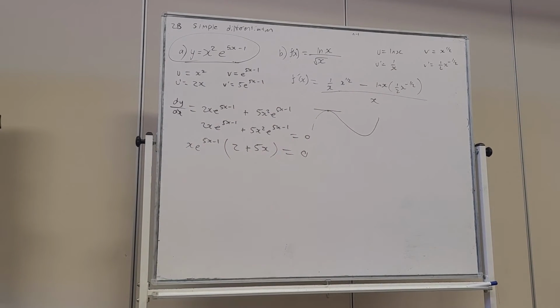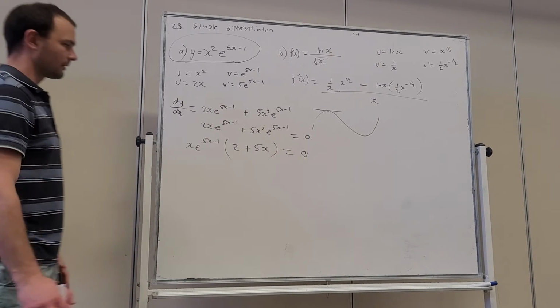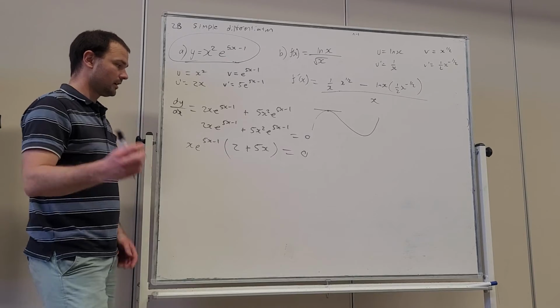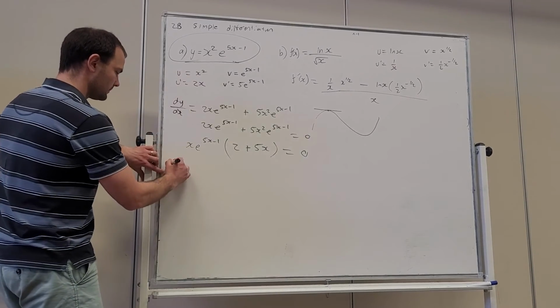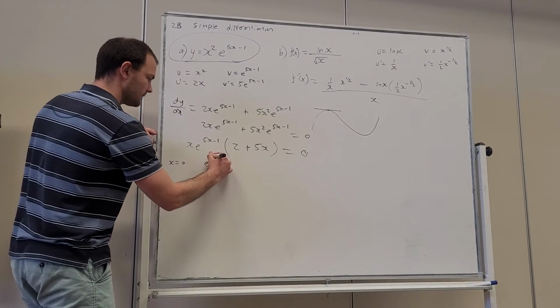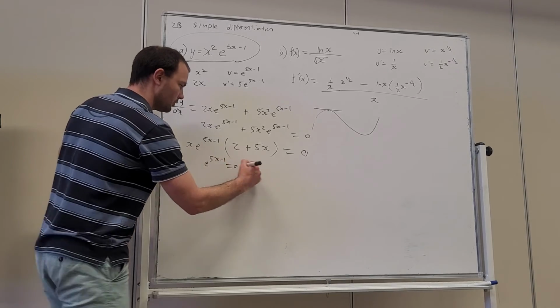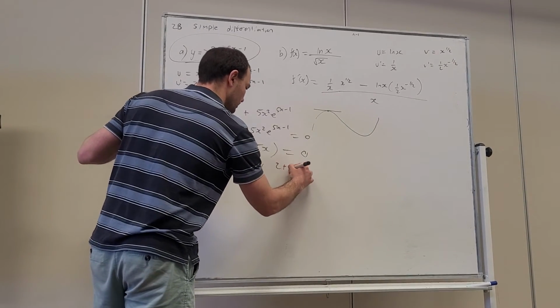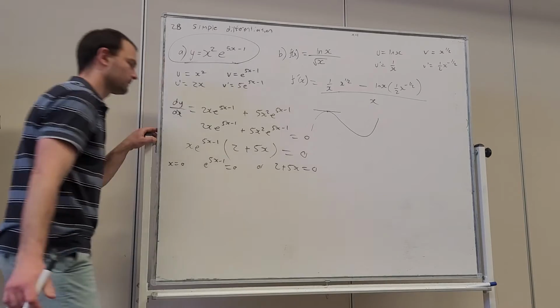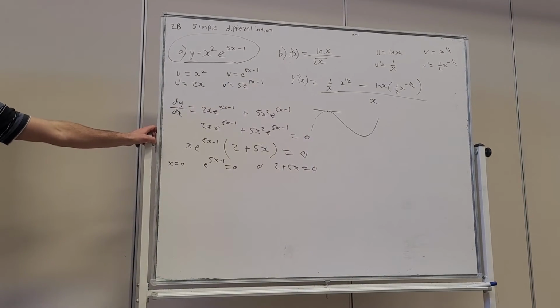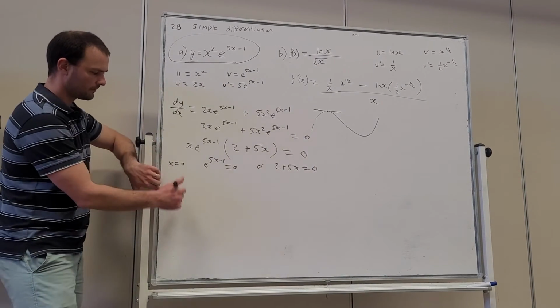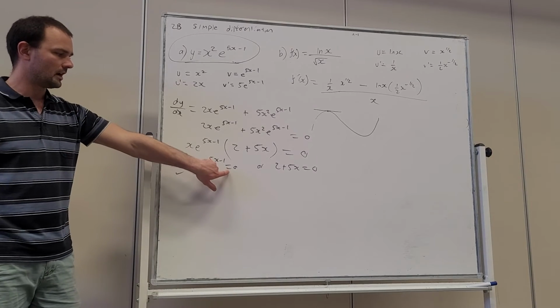Okay? And then we are going to apply the null factor law. Alright? So we've got 3 solutions here, right? Either x is 0, e to the 5x take 1 is 0, or 2 plus 5x is 0. Okay, there are 3 solutions. This one we don't need to process any further, that's fine. How about this one?